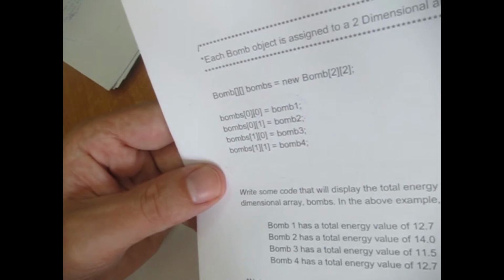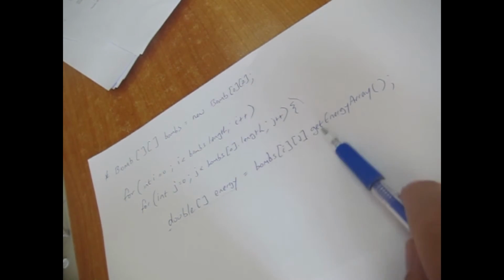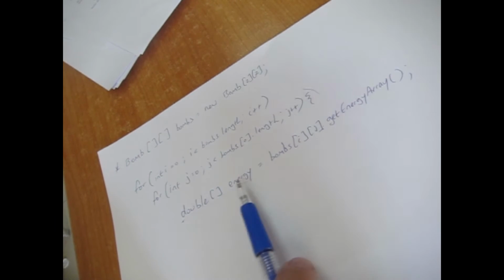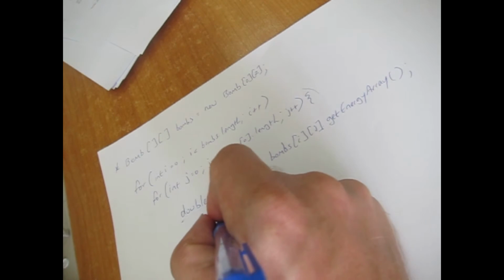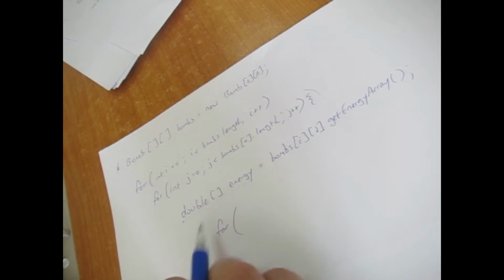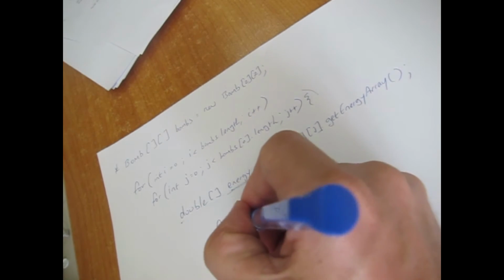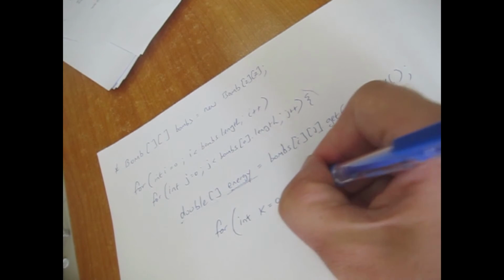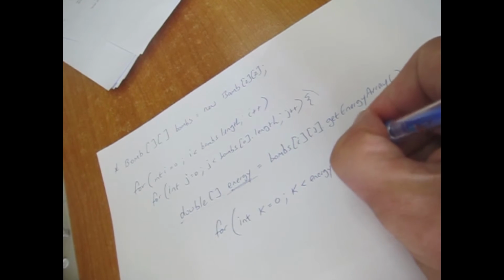So that BOM object that BOMs[0][0] is pointing to has a method which will allow us to get the double array of energy values, and that's what I'm going to store here. Now I'm going to create another little for loop, which is going to loop through this energy array. So let's say int k equals 0, k is less than energy.length, k++.